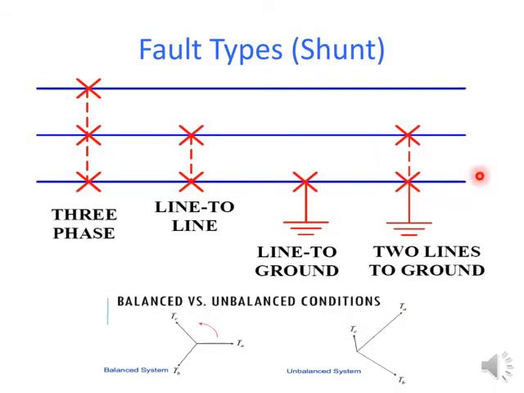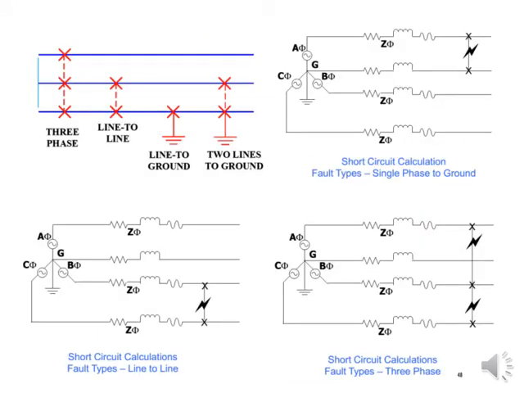Again, the same picturization that I have shown and what we have discussed. This is a symmetrical fault and these are unsymmetrical faults. So here what you can see is that there are three lines, phase 1, phase 2 and phase 3. So this is a line to line fault.